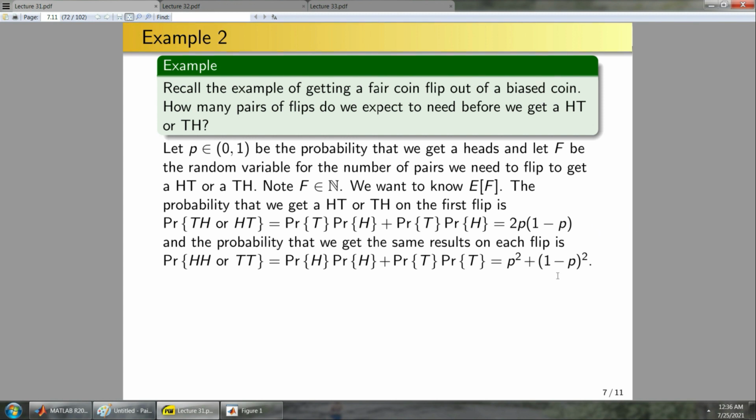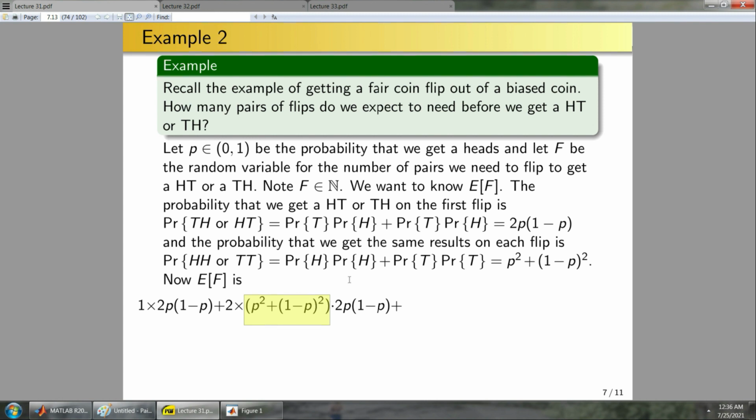So now I can put these together like I did in the previous examples to compute the expected value. So the expected value would simply be this: 1, which is the value when F is equal to 1, times the probability that F is 1, that's this term here, plus 2, so 2 is getting 2 flips, so F is equal to 2. Well, in order to get 2 flips, I first need to have a heads heads or a tails tails, so that has this probability here, so that's why that goes here.